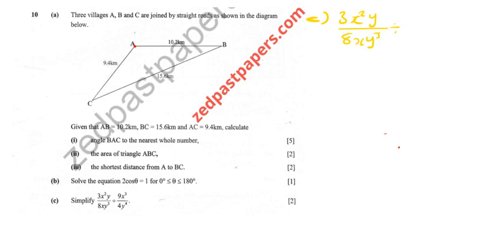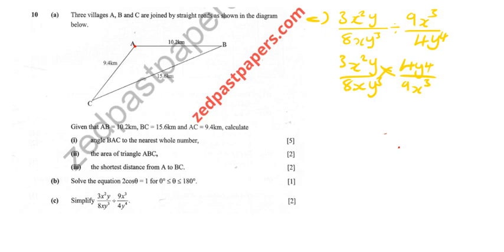We divide by 9x to the power 3 over 4y to the power 4. Now you know that when you want to introduce the multiplication, the denominator becomes the numerator. So you say 3x to the power 2y over 8x to the power 3, times 4y to the power 4 over 9x to the power 3.